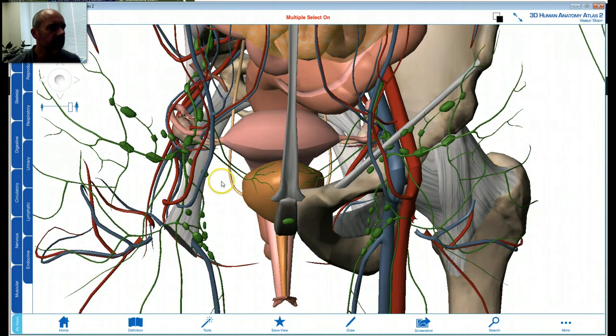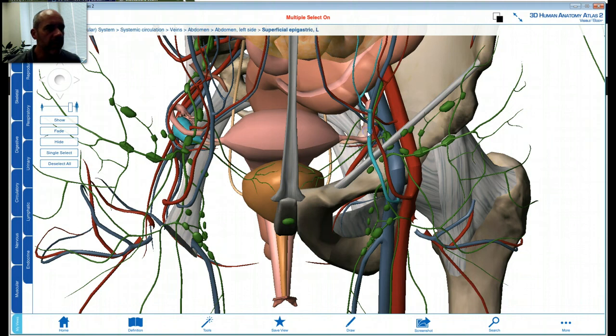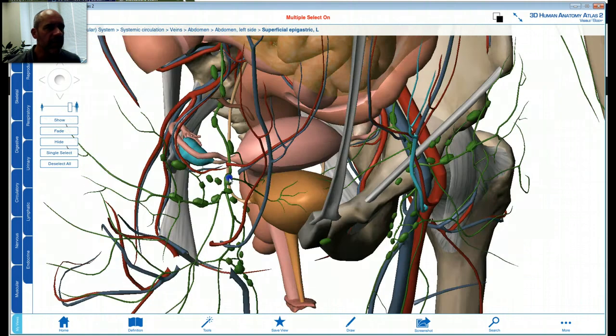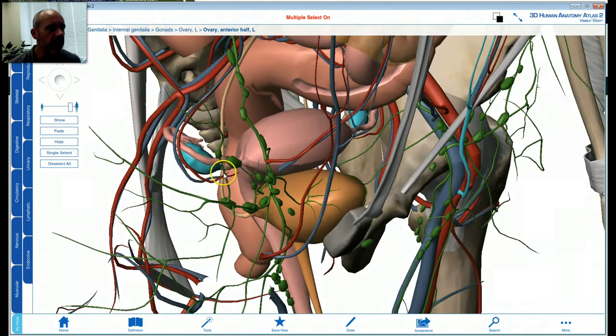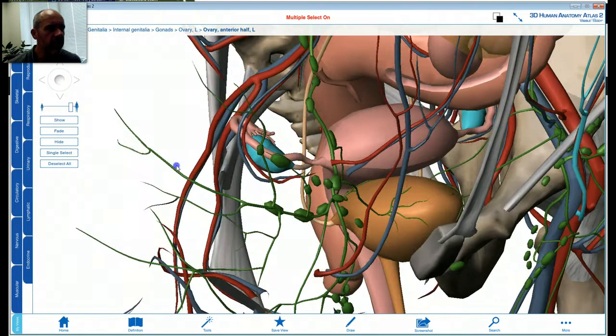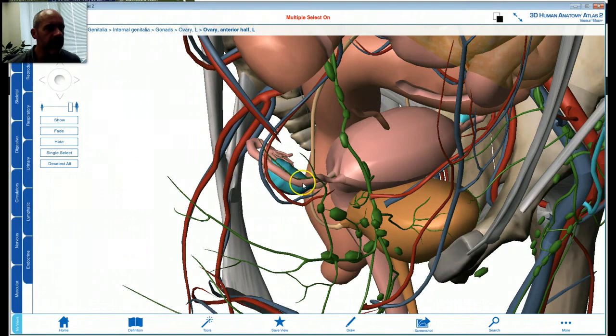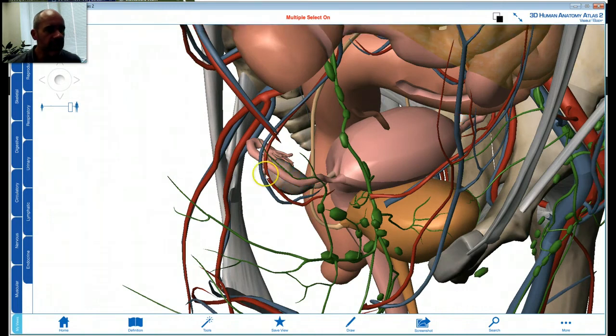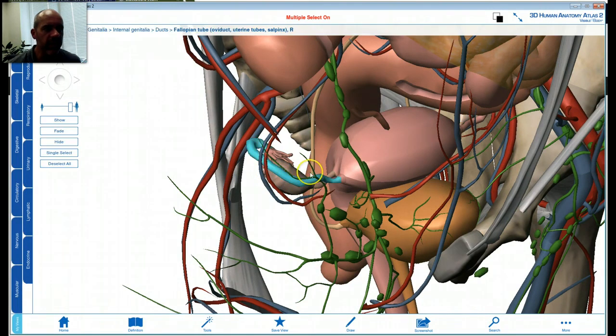You deselect that. Other structures over here, right there and over here on this side. Each of those is an ovary. Let me highlight that one again so you can see those and how they're positioned. Move this over. There's your right ovary right there, and I'm going to deselect it. This pink tube, of course, that's connecting the ovary to the uterus is the fallopian tube.